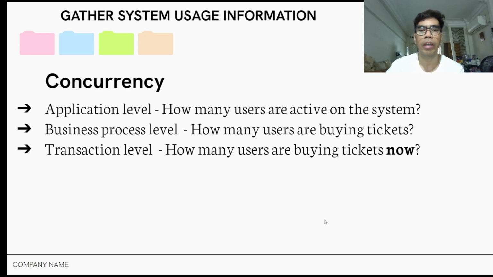Then transaction level is how many users are buying tickets now. In the transaction level, they're already on the submission of payment. So how many users are submitting payment right now, because that will affect the load.